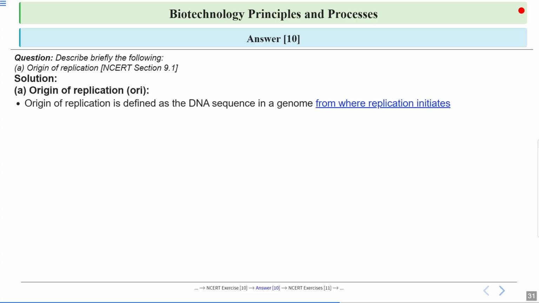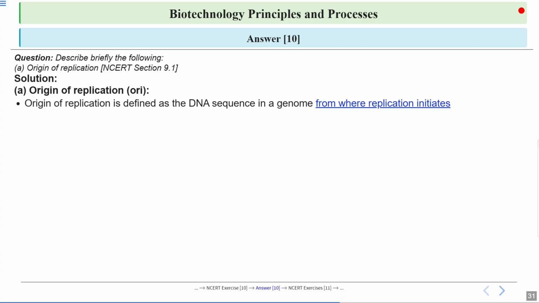Origin of replication is defined as the DNA sequence in a genome from where the replication starts. You must have seen that every vector has an origin of replication. So ORI is a region from where the DNA starts its replication. Every bacterium has an ORI region from which it starts its replication, right?